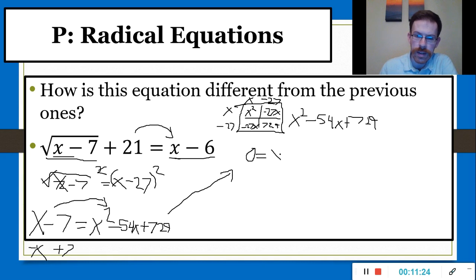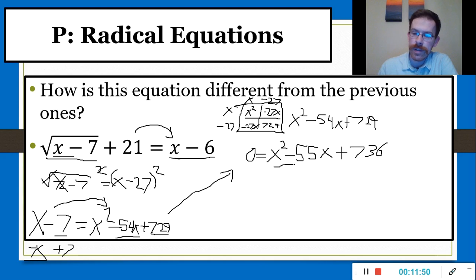And my x squared doesn't change. But I now have a minus 54x minus x. So that's a minus 55x. And 729 plus 7 now gets me a 736.